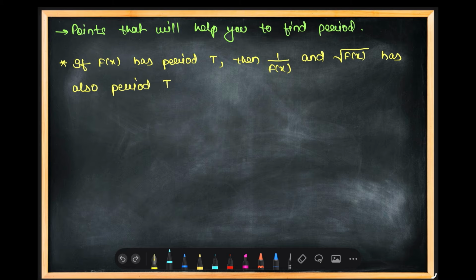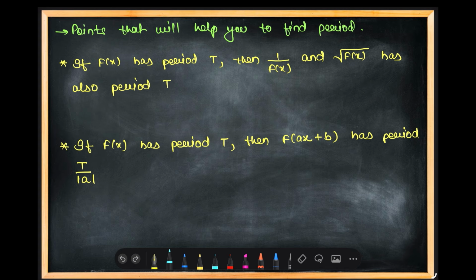Now the next point. If f of x has period T, then f of ax plus b has period T by mod a. Suppose I give you the function f of x equals sin x. You know that the period is 2 pi.